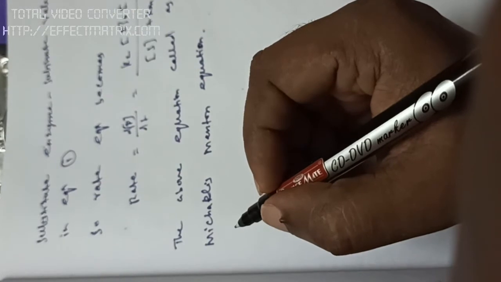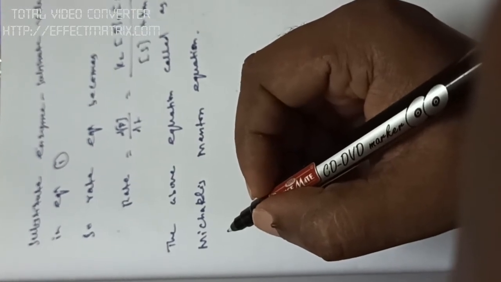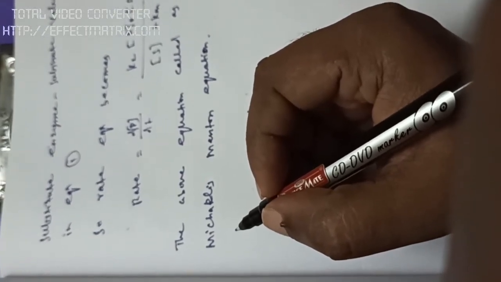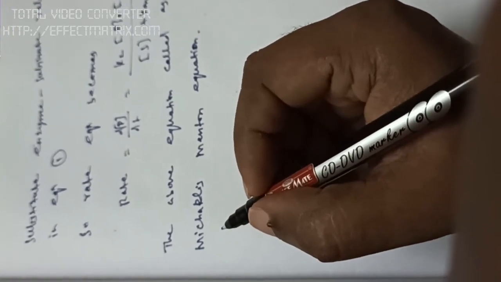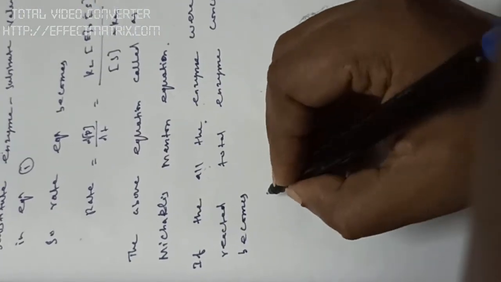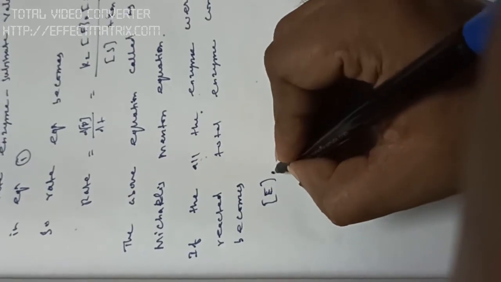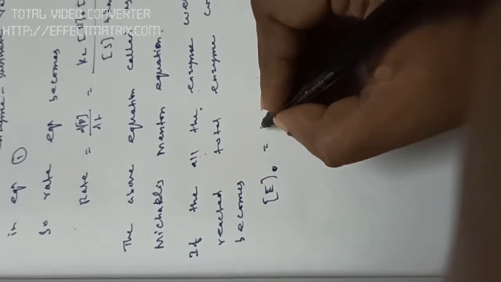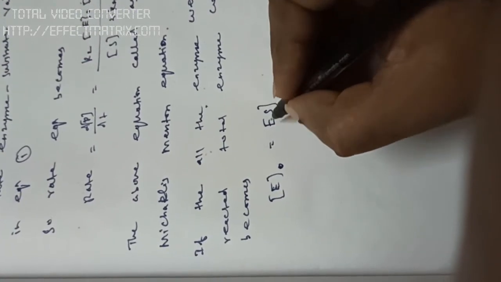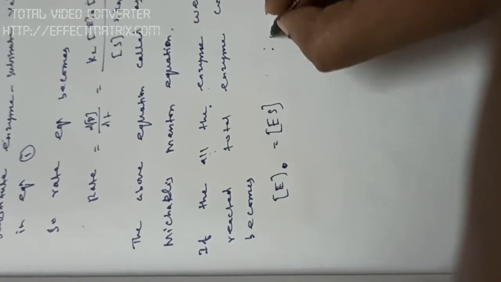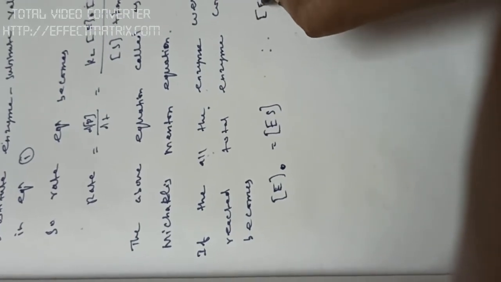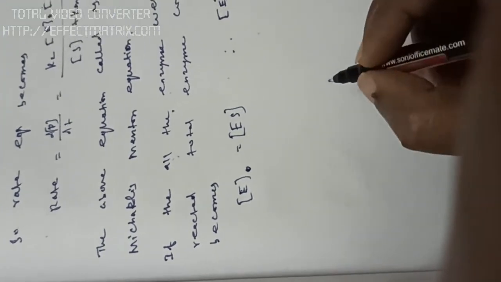If all the enzyme were reacted, the total enzyme concentration becomes E0, therefore the concentration of free enzyme is equivalent to 0.